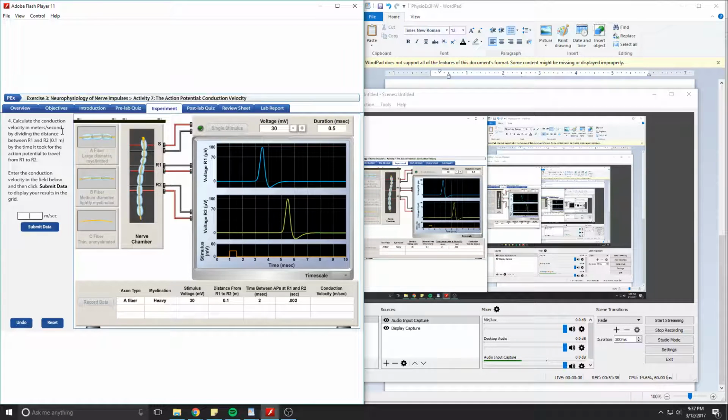Calculate the conduction velocity in meters per second by dividing the distance between them. So 0.1 divided by 0.002.